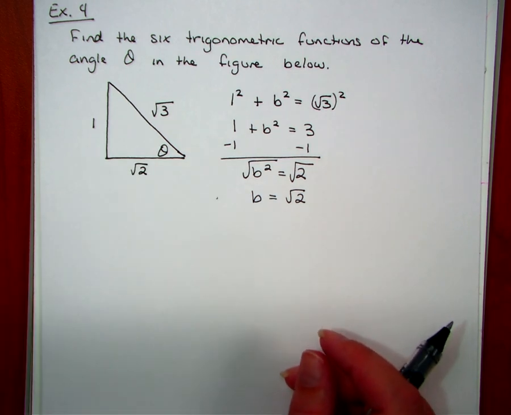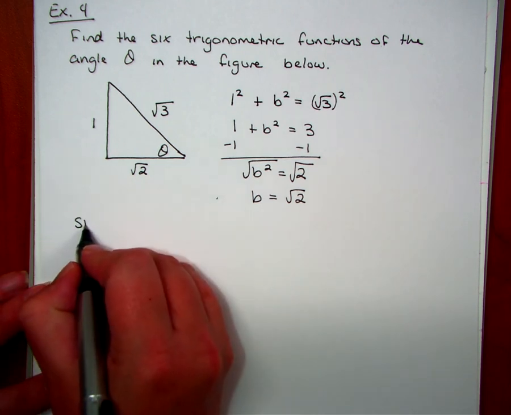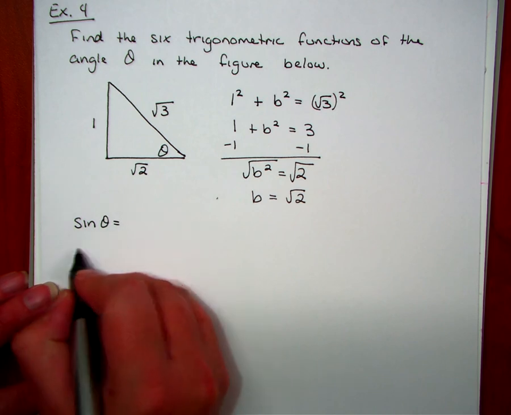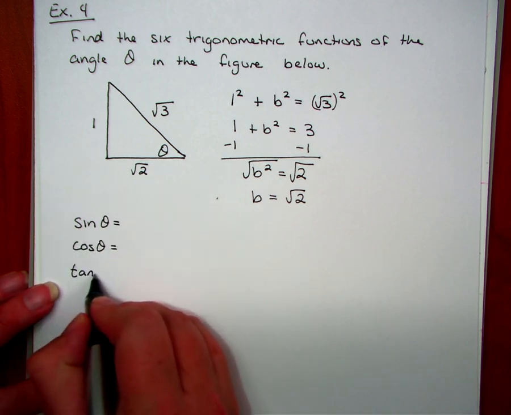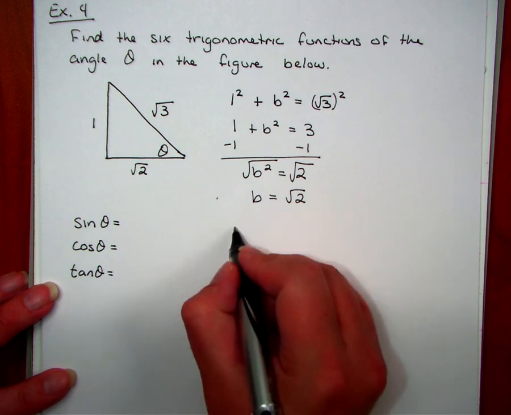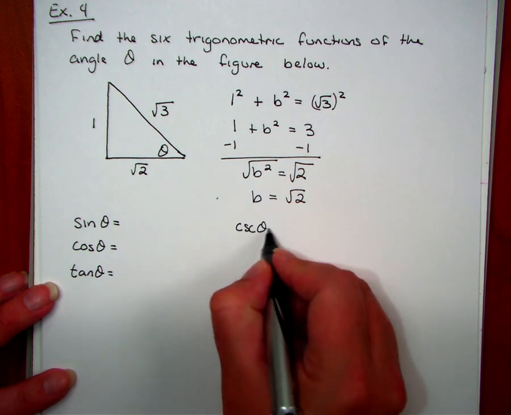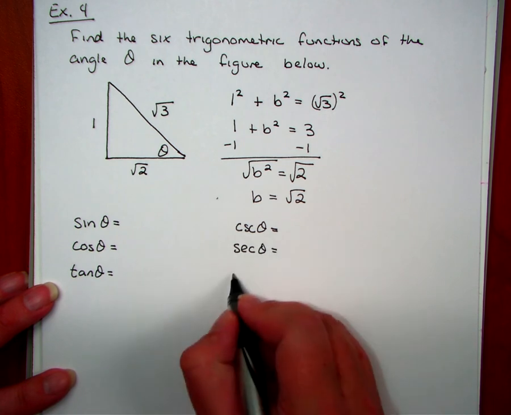So the 6 trig functions for theta are sine, cosine, tangent down the left, and then we're going to get cosecant, secant, and cotangent on the right.